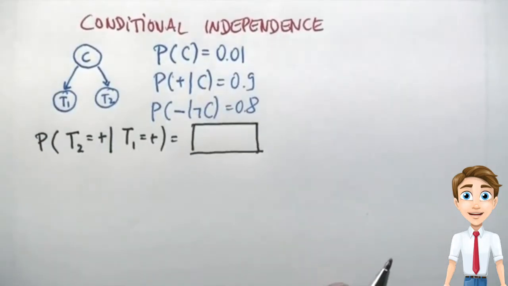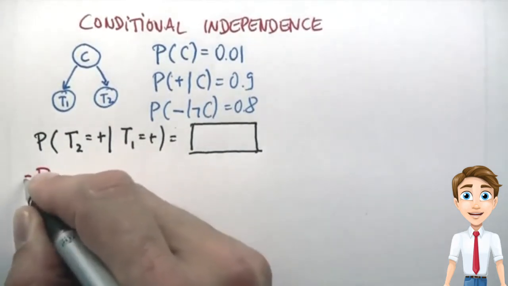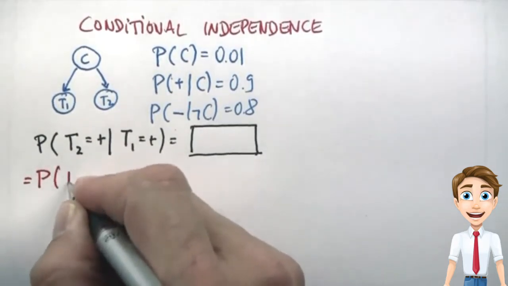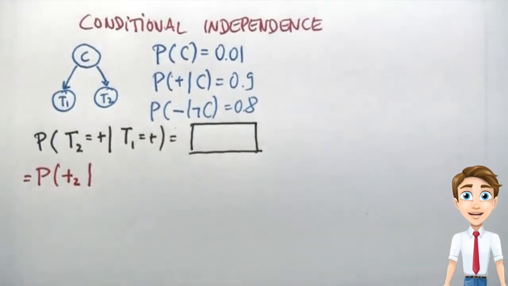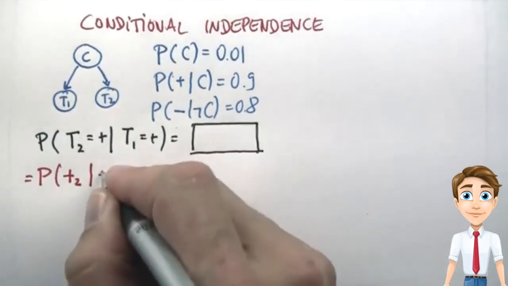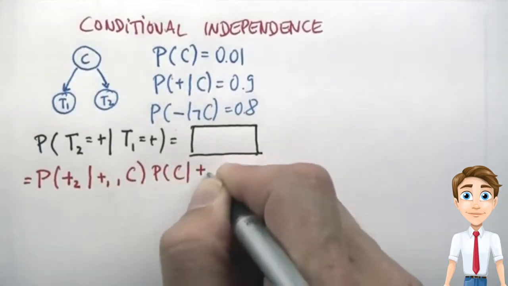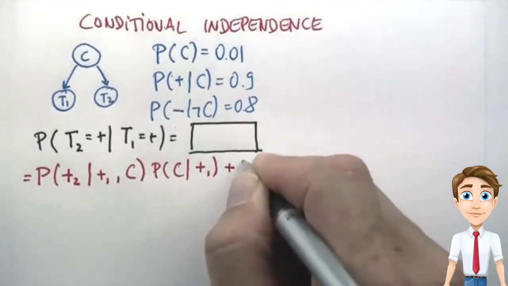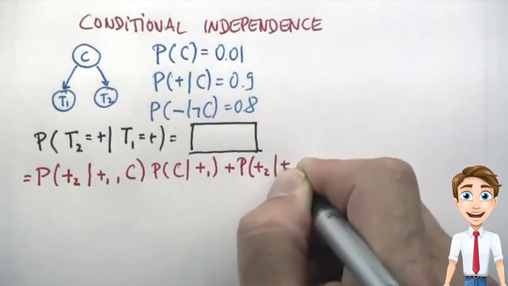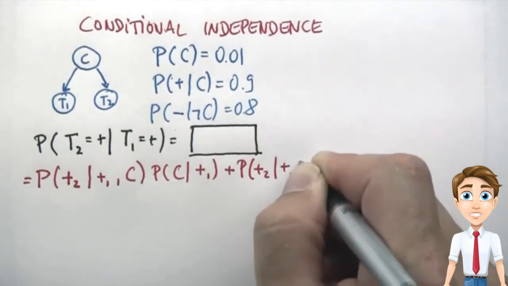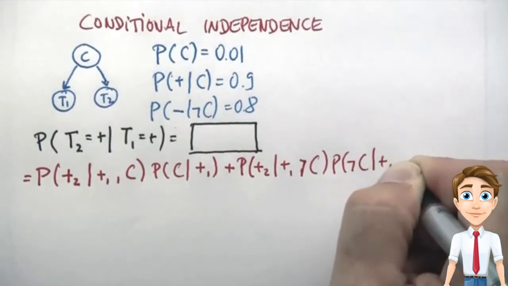So for this one, we're going to apply total probability. This thing over here is the same as the probability of test 2 to be positive, which I'm going to abbreviate with a +2 over here, conditioned on test 1 being positive and me having cancer, times the probability of me having cancer, given test 1 was positive, plus the probability of test 2 being positive, conditioned on test 1 being positive and me not having cancer, times the probability of me not having cancer, given that test 1 is positive.